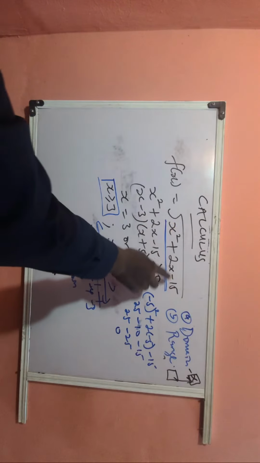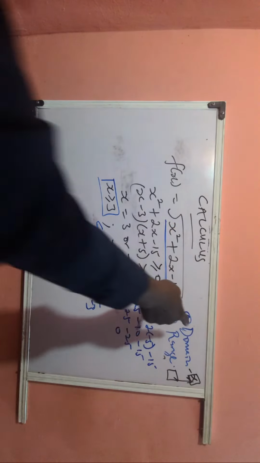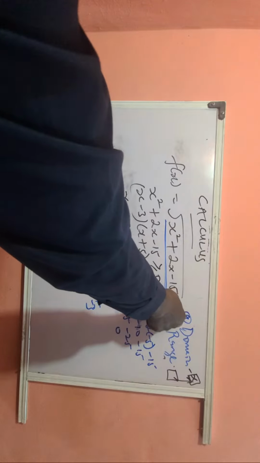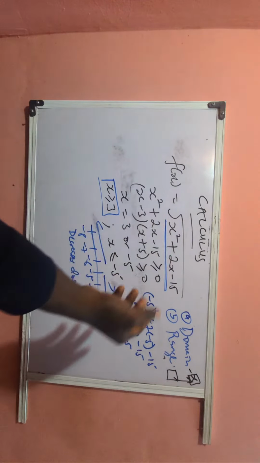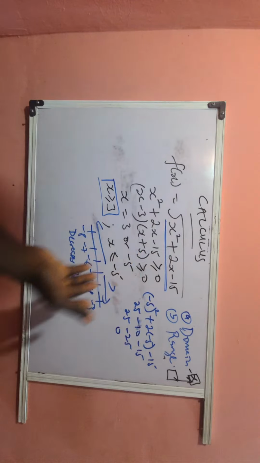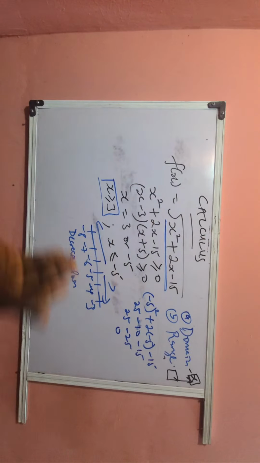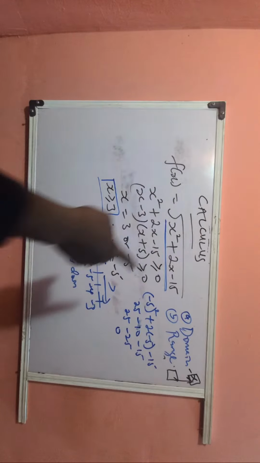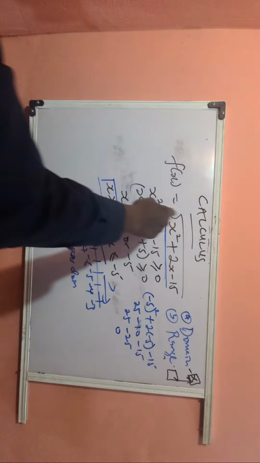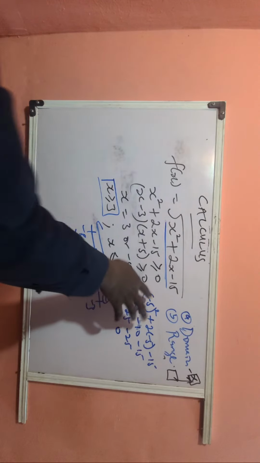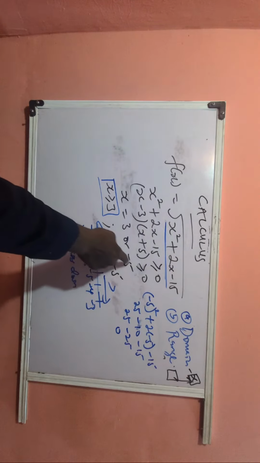If we're getting a negative answer, that would not be part of the domain because that would not be right. That will not be mathematical. You'll be getting square root of minus something, and if you press that on your calculator, you'll be getting a math error. So you want to avoid every value of x that produces a negative final result. So -5 is okay.